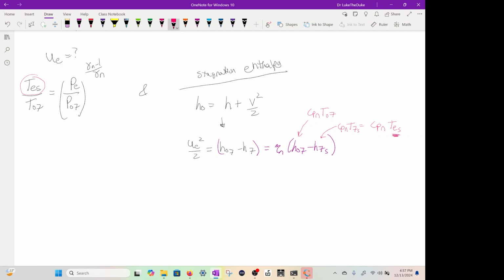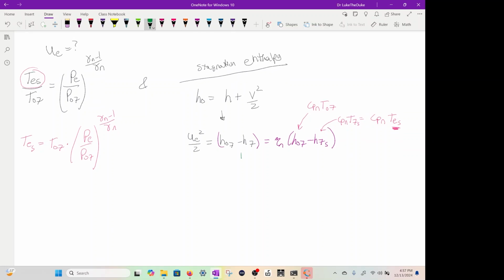That is right here. So TES equals T naught 7 times PE over P naught 7 raised to the gamma n minus 1 divided by gamma n. So we're going to plug this into that, into that, into this. Okay? So let's do this.